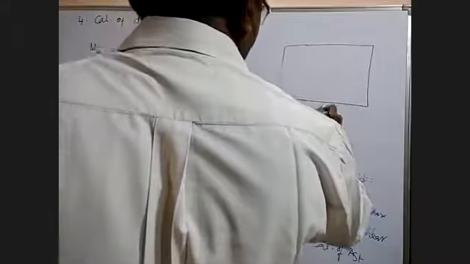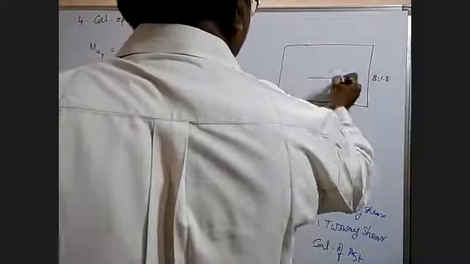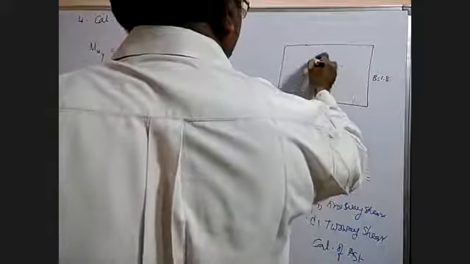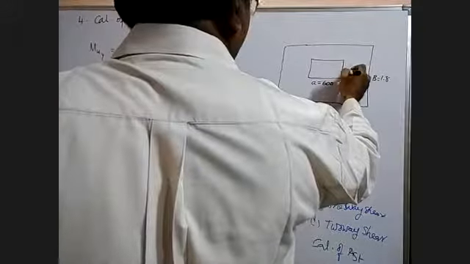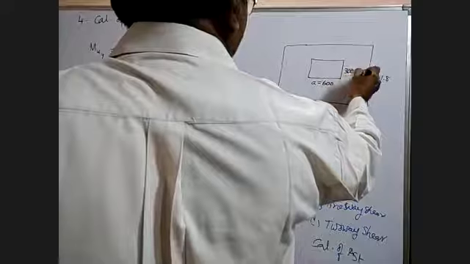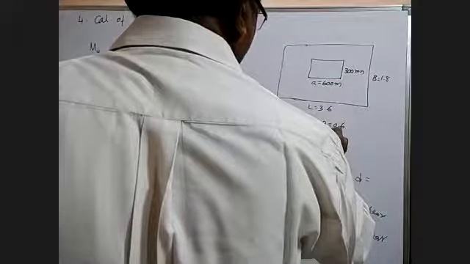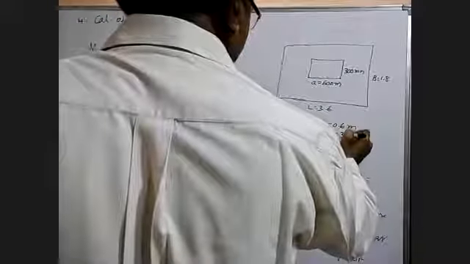L is 3.6, B is 1.8, A is 600, this is 300. A is equal to 0.6, B is equal to 0.3 meters.